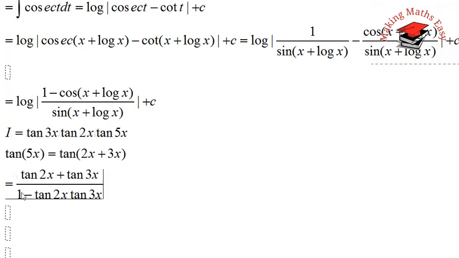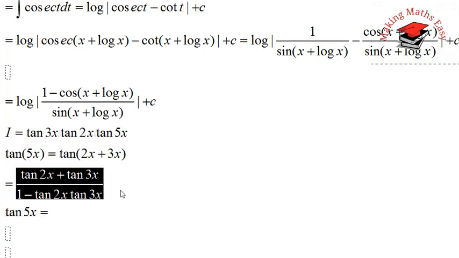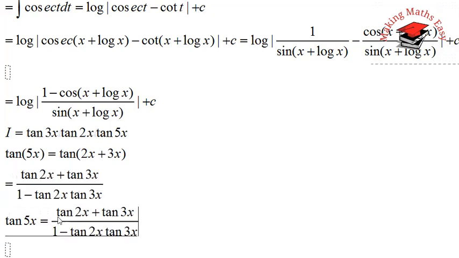So now we will multiply this denominator with this tan 5x, because tan 5x is equal to tan 2x into tan 3x. So my expression will look like this: tan 5x equals this combined expression.